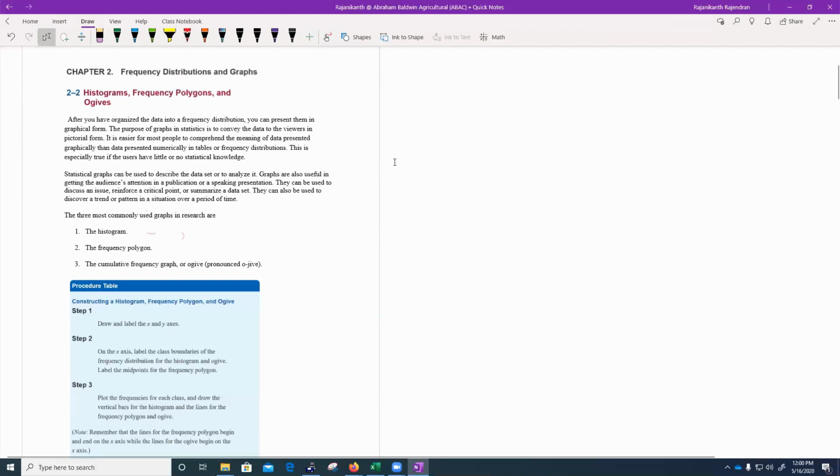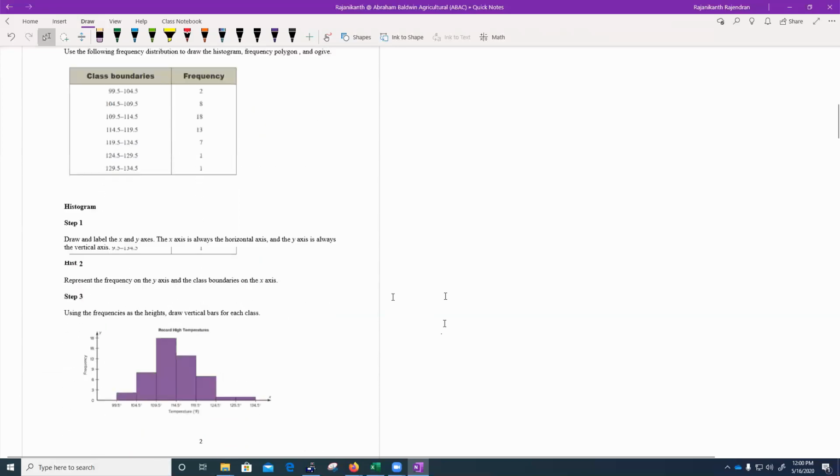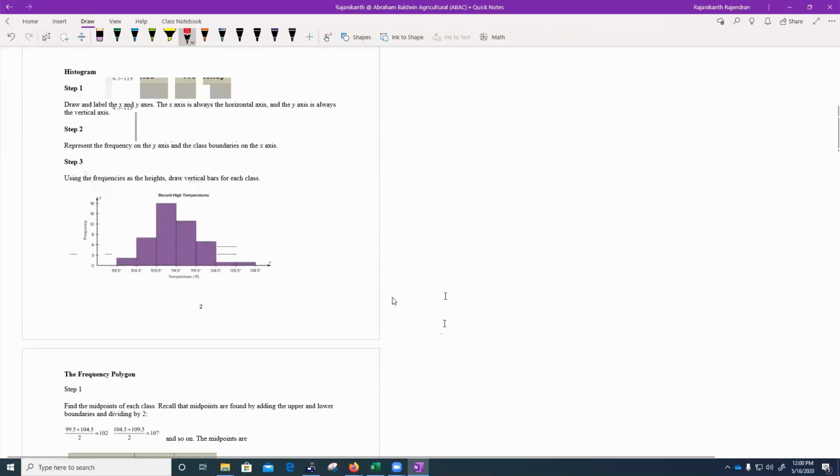A histogram is like a bar graph, but the only thing is there's no gap between two blocks when you draw a histogram. But in a bar graph, you may have gaps between two blocks.